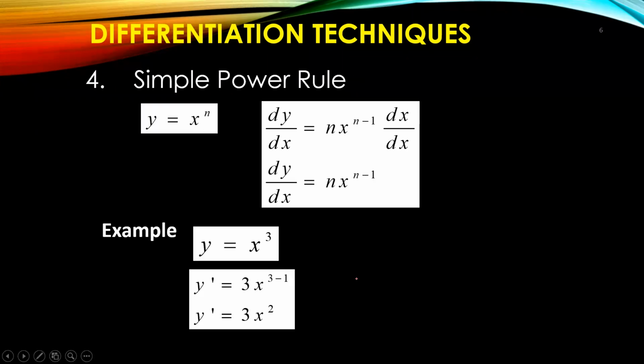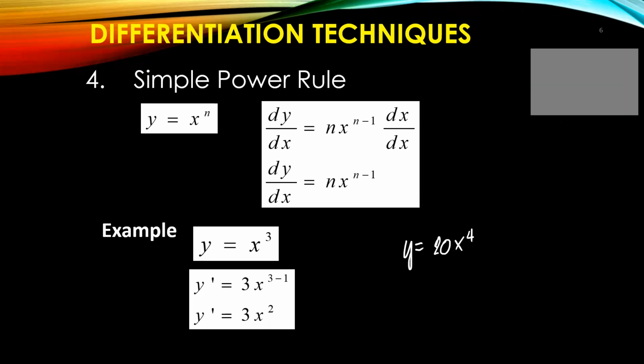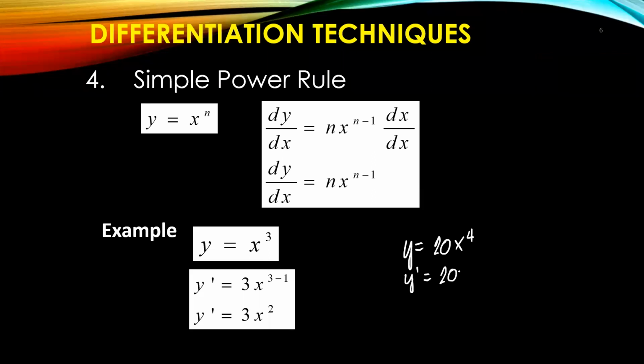So, if for example, I gave you y equals 20 x to the 4. First, you know that 20 is a constant. Therefore, I can remove the constant. For y prime, I can move out the constant, and then I'll get the derivative of x to the 4.